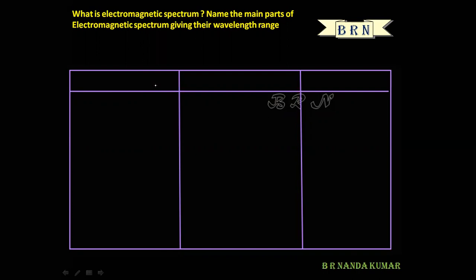Name the main parts of the electromagnetic spectrum and give their wavelength ranges. The electromagnetic spectrum means the arrangement of electromagnetic radiations in the increasing order of their wavelength.